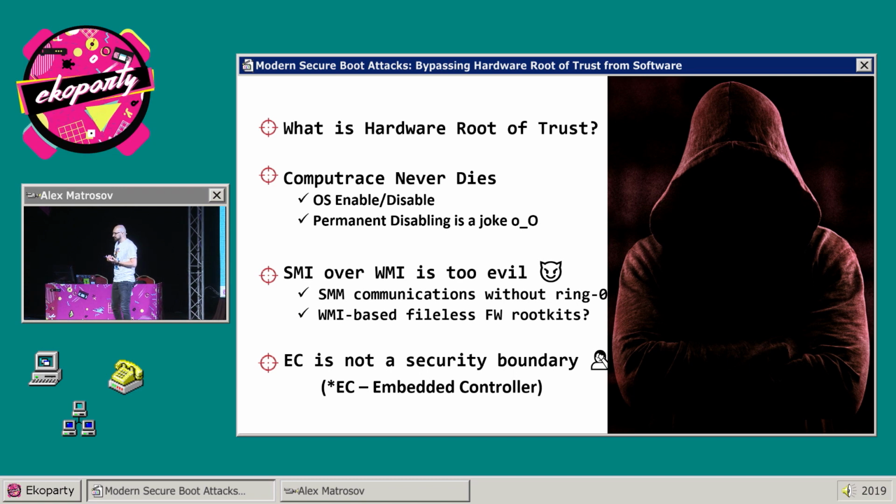And an interesting thing I found recently: over Windows Management Instrumentation, you can actually call SMI handlers. As you probably remember from my previous talk yesterday, SMI handlers are kind of like a callback function from the operating system level directly to the BIOS. And sometimes it directly calls code inside the most privileged mode, system management mode on x86 systems.